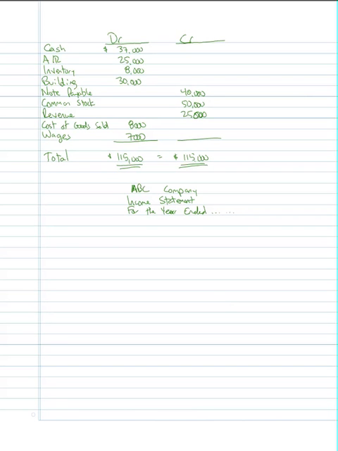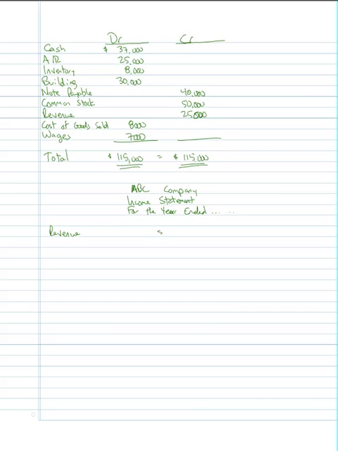Again, remember that an income statement covers a period of time. The transactions of selling the goods and paying of the wages didn't all happen at one single instant. They happened over a period of time at different days, maybe even different months, possibly of the year. So an income statement captures all the activity that happened during the particular period of time. In this case, I'll assume a year.